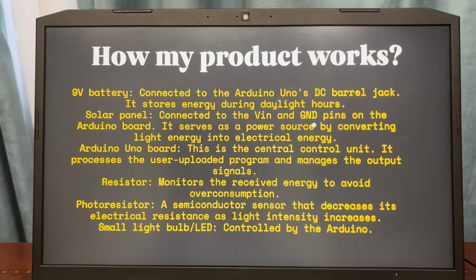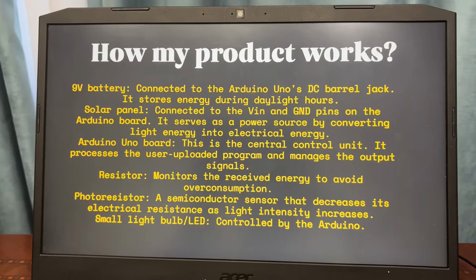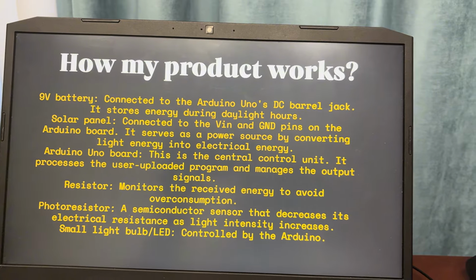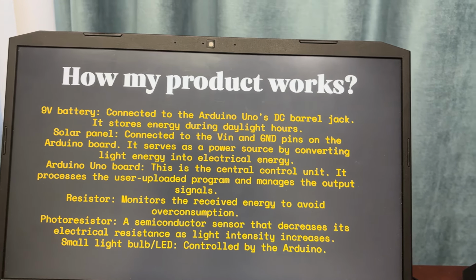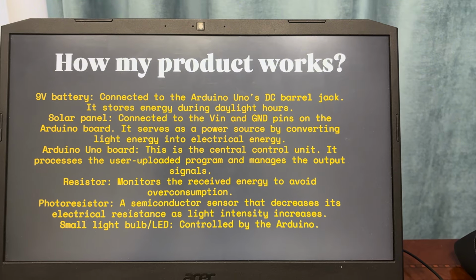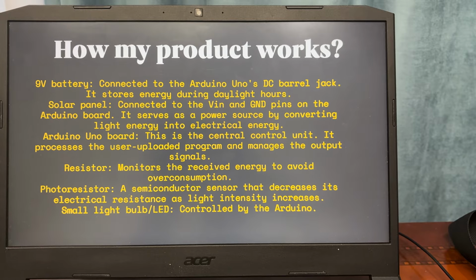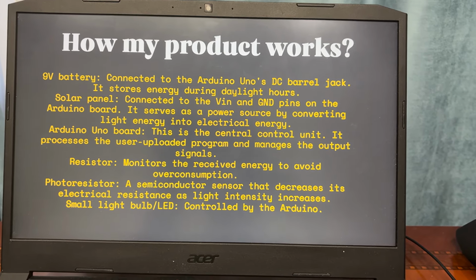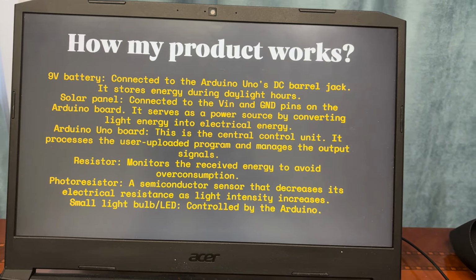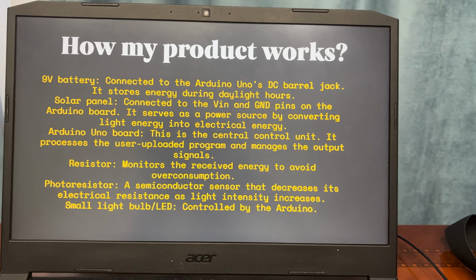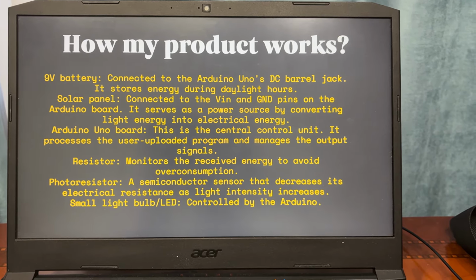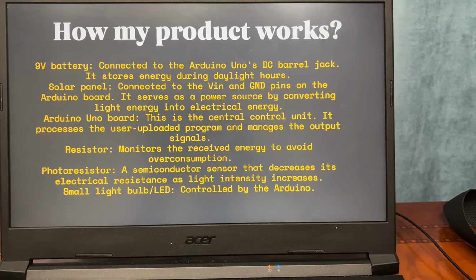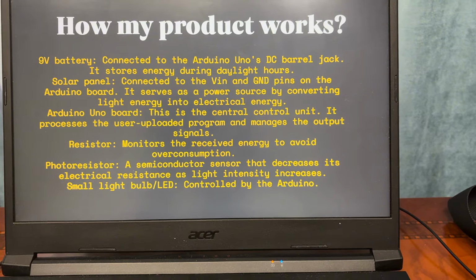So how my product works: a 9-volt battery is connected to the Arduino Uno DC barrel jack. It stores energy during daylight hours. A solar panel is connected to the VIN and GND pins on the Arduino board. It serves as a power source by converting light energy into electrical energy. The Arduino Uno board is the central control unit.